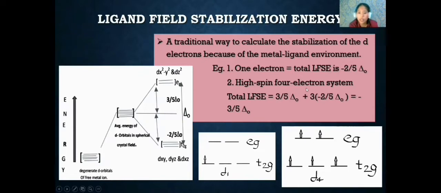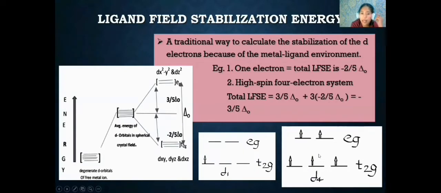So, one electron, let's go back to the example. We have here one electron. The total LFSE is negative 2.5 because 1 times negative 2.5 is equal to negative 2/5 delta O.